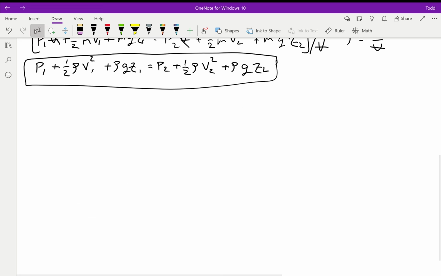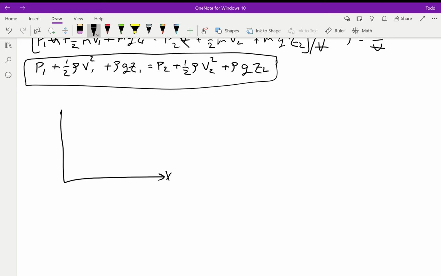Now, to do this the second way, we want to create again the z direction. Then we have this streamline. Make that a different color.